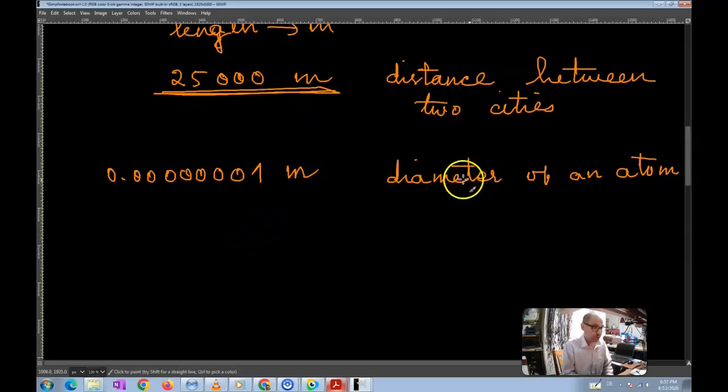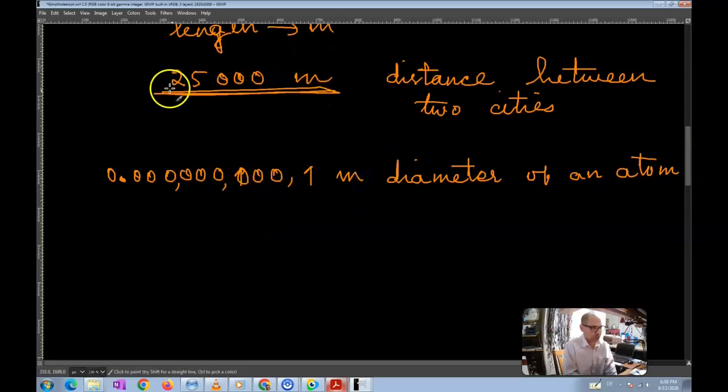You measure the diameter of an atom, which is of course a very, very, very small distance, and it is 0.000000001, that's a 9 and a 10. And that's again in meters.